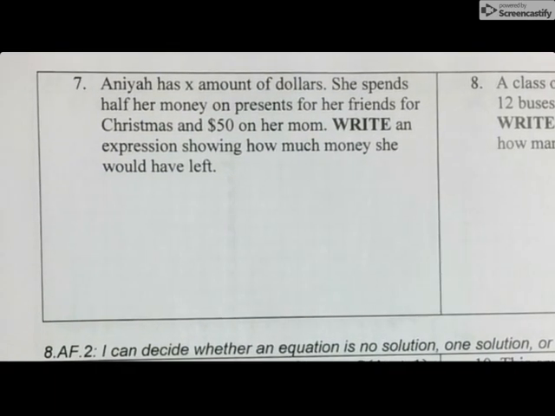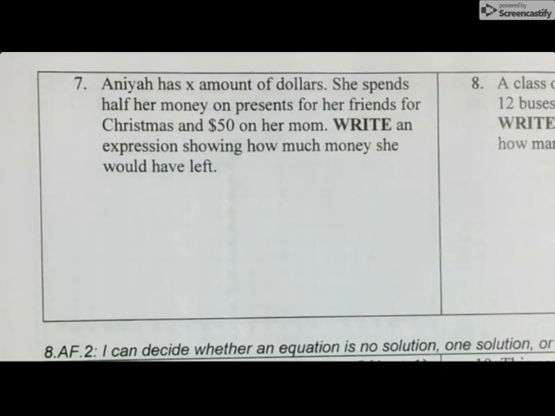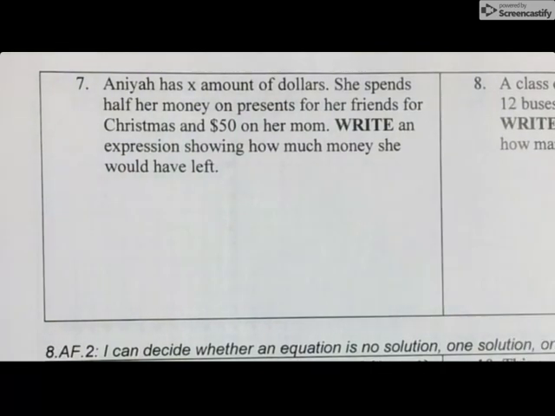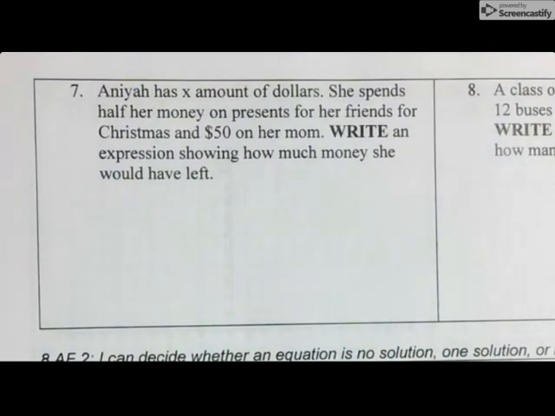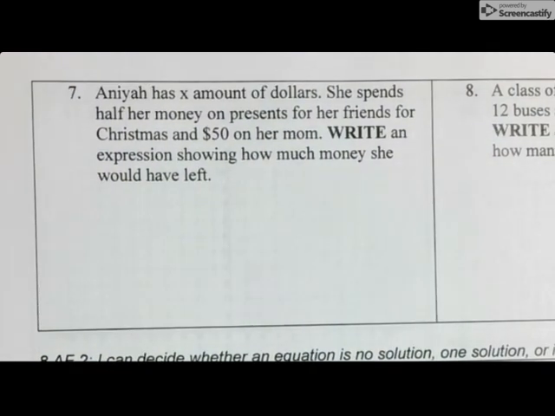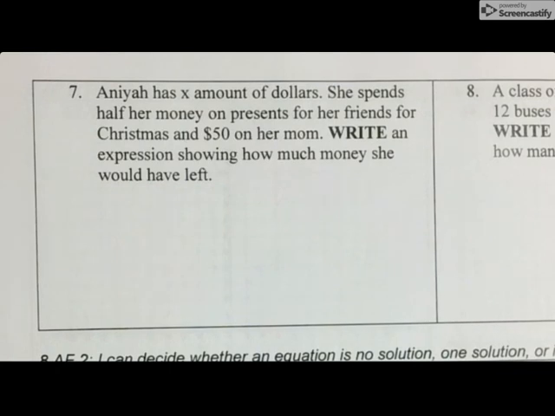All right. So, Anaya has X amount of dollars. She spends half of her money on presents for her friends and 50 on her mom. Write an expression showing how much money she would have left. Okay? So, Anaya has X amount of dollars.